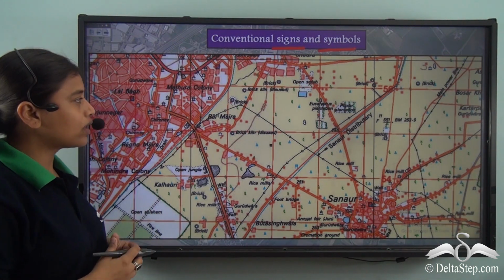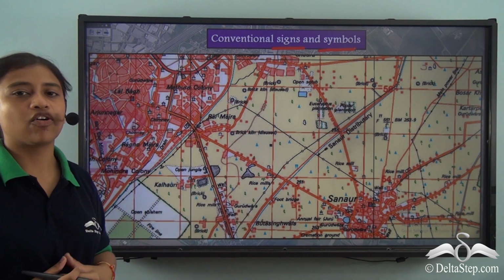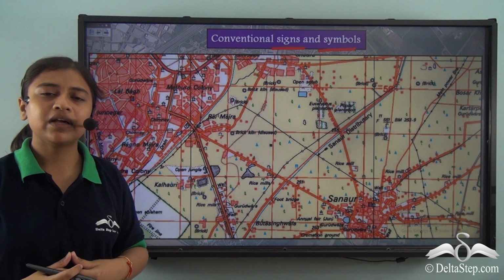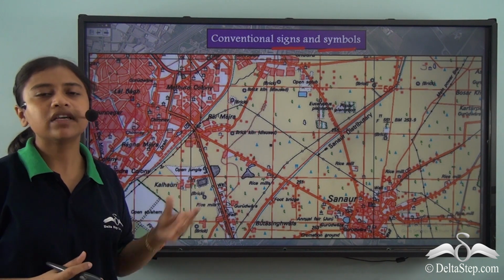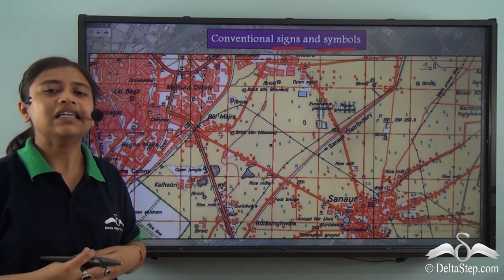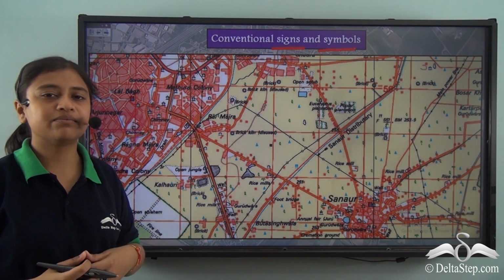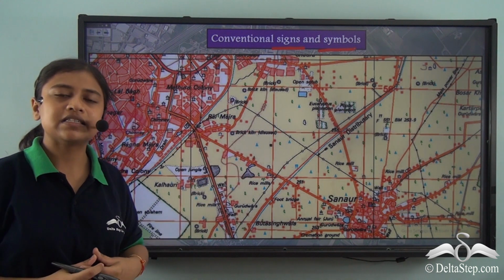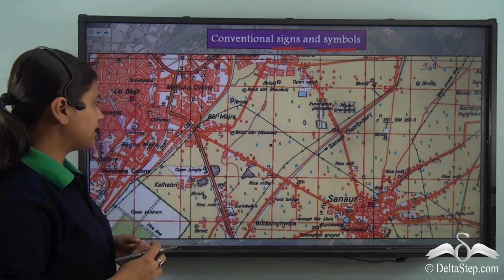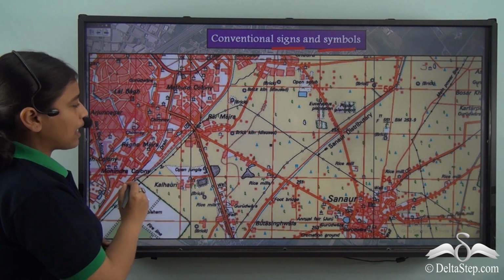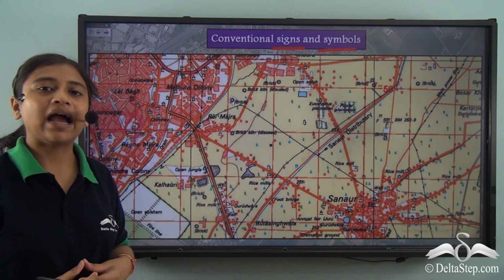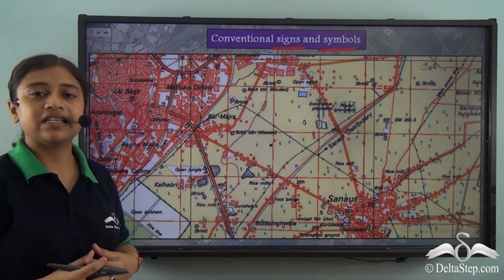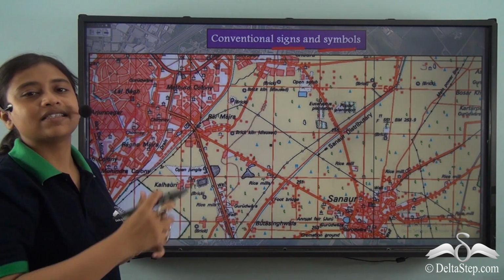Now, taking a look at this plot of a given geographical area. This portion of the topographical map tells us a lot about the given geographical area. Let's use some signs and symbols that we just learned to understand the different physical features present in this area. We see that this portion of the map is completely covered by red color settlements. Now, these red color settlements tell us that they are nucleated settlements.